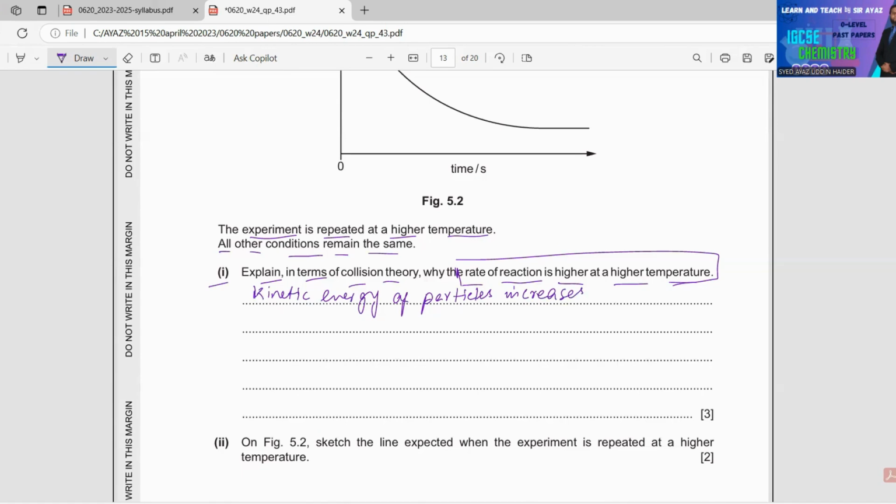Now, what else can you write? Now you refer to the proportion, fraction, or percentage of particles and include the statement higher proportion, higher fraction, higher number, or higher percentage of particles. They have energy greater than or equal to activation energy.